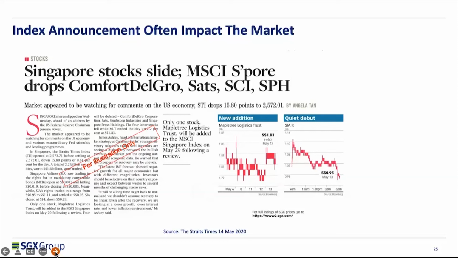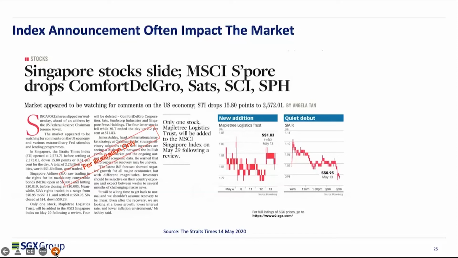Well, there are two things, of course. You can roughly gauge that there are ETFs tracking the index, right? Let's say we talk about the MSCI Singapore Index. There are, let's say, ETFs tracking it, but we don't use MSCI Singapore in the tracking for our STI index, right?